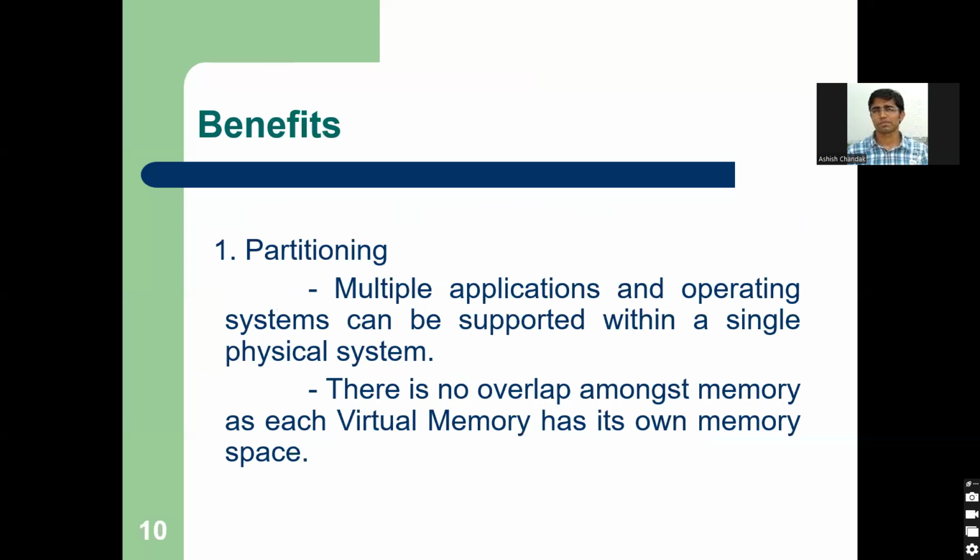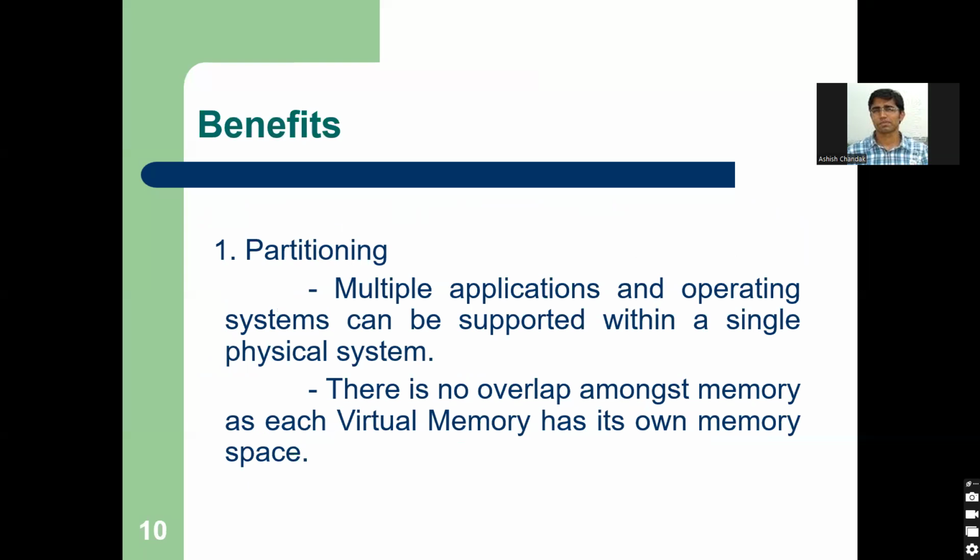So what are the advantages? The advantage is multiple applications and operating systems can be run on a single system. Okay, meaning multiple applications as well as operating systems can also be run on a single physical system. That is the advantage, and there is no overlap amongst the memory. So if you think that since there are multiple virtual machines, memory overlap can occur, it is not so.